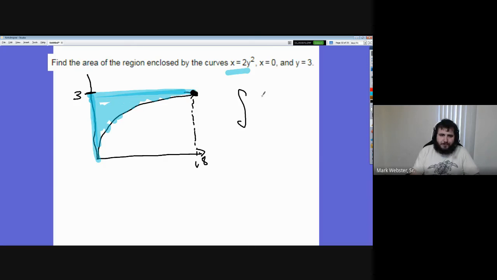But either way, top minus bottom, minus bottom is 0, so I don't need to do anything. And I'm going from 0 all the way up to 3. Then I'm just going to integrate.